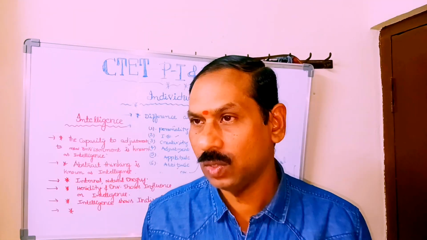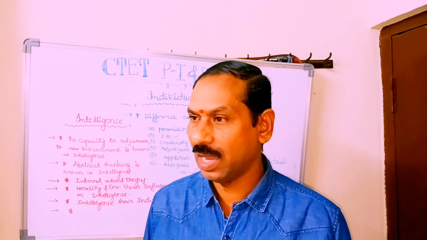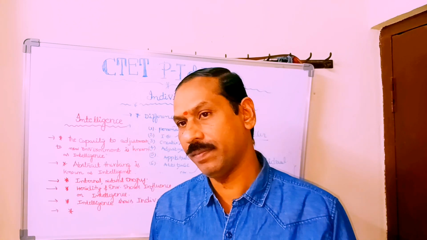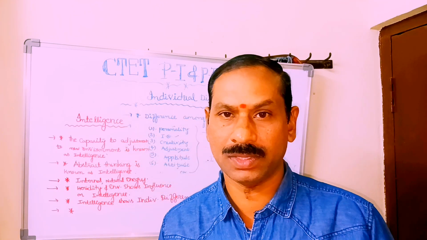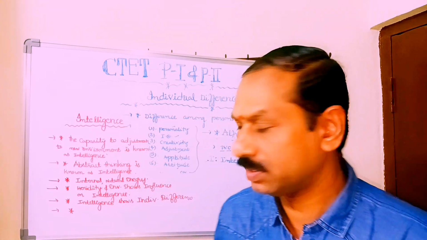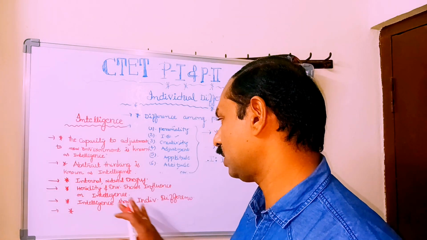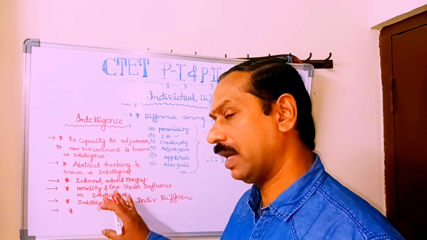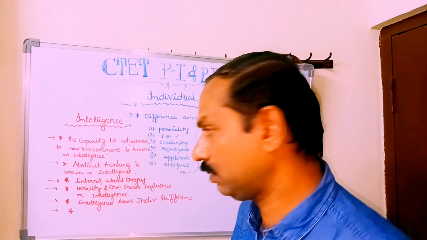Because no two persons have the same IQ. Some may be average persons, some may be gifted persons, some may be below average, some may be above average, some may be creative persons. So that's why intelligence shows individual differences.